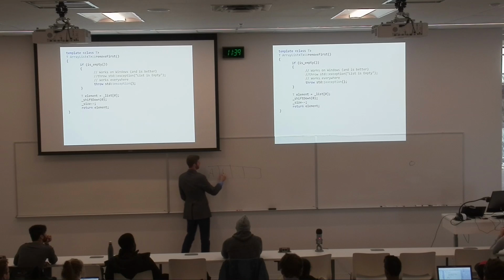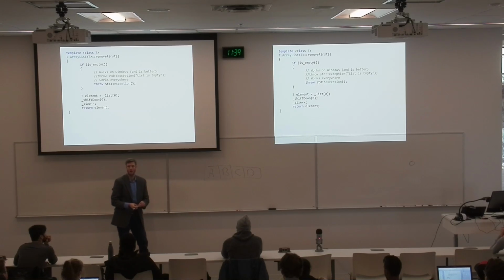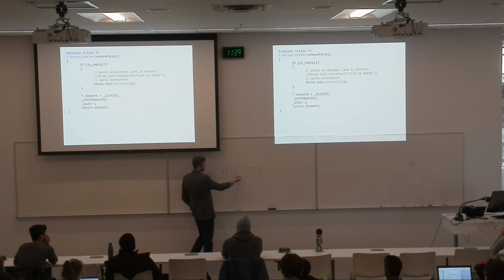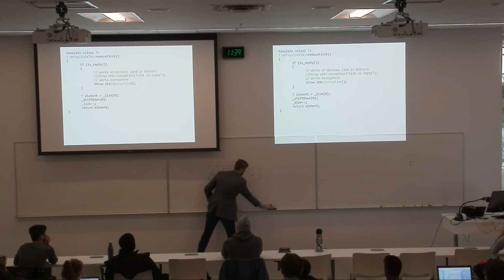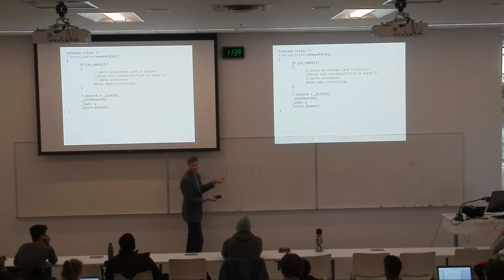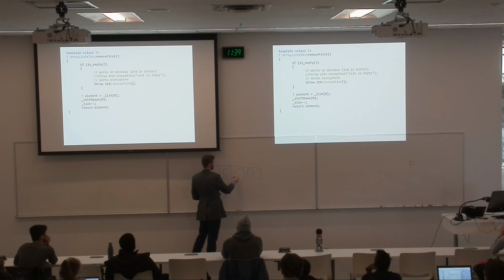Say we have A, B, C, and D, right? If I'm shifting down and I wanted to get rid of this, well, that's fine, because I say C, put whatever's in here in here. So that becomes C. And then put whatever's in here, D. And then we decrease size.